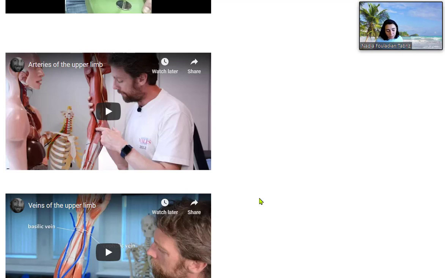For example, in the lower limb, we have the longest vein of the body, which we call the great saphenous vein, that starts from the inguinal area and goes all the way to the heel, the whole length of the leg, thigh and leg all together, right? So that's a very long vessel, but it is completely superficial.